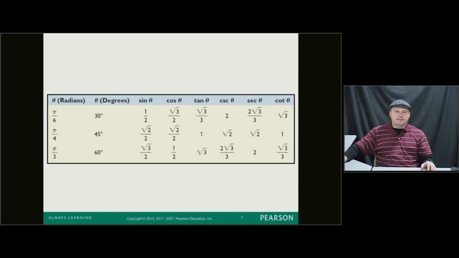Now, since cosecant is its reciprocal, it's going to be 2 divided by the square root of 3. And if you rationalize the denominator, you get 2 root 3/3. So basically, if you overlay the first 3 sets over the last 3 sets, and take the reciprocals that coincide, there's no need to memorize all 18 of them, just the first block of 9, and then use the reciprocal parts.